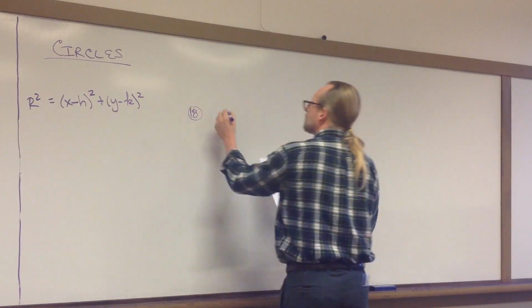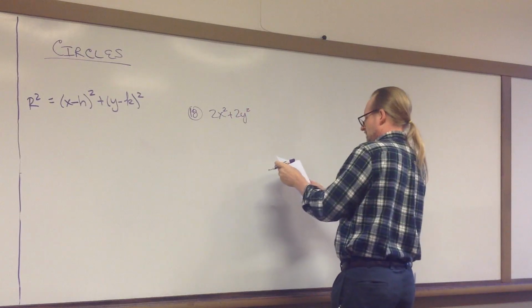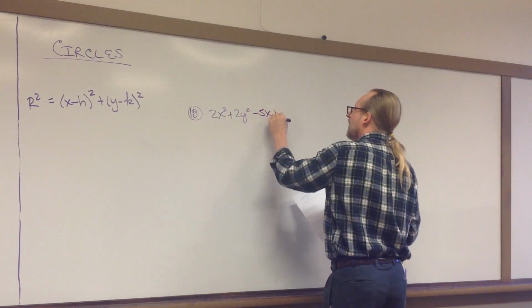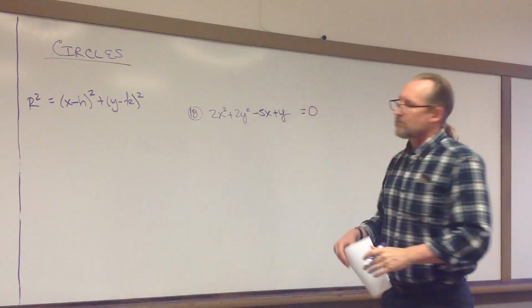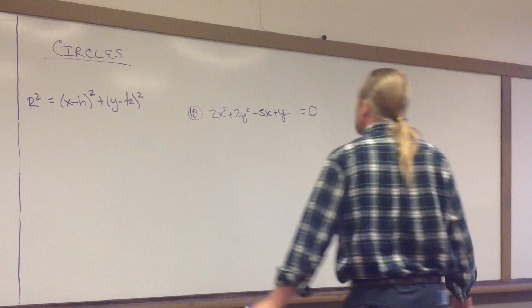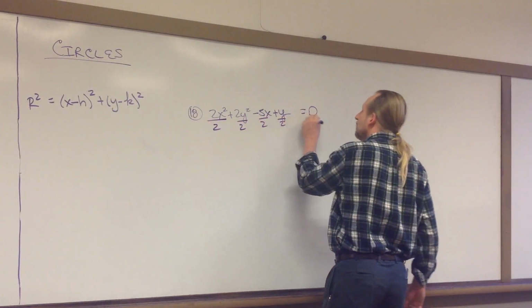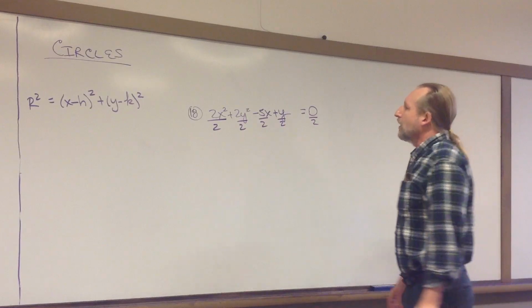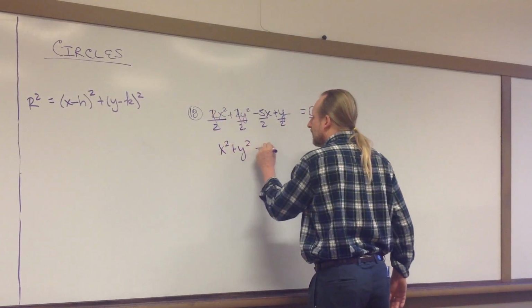So we start out 2x squared plus 2y squared minus 5x plus y equal to 0. Okay? So we'll go through and we just have to divide everything by 2. So these cancel and we'll get x squared plus y squared.